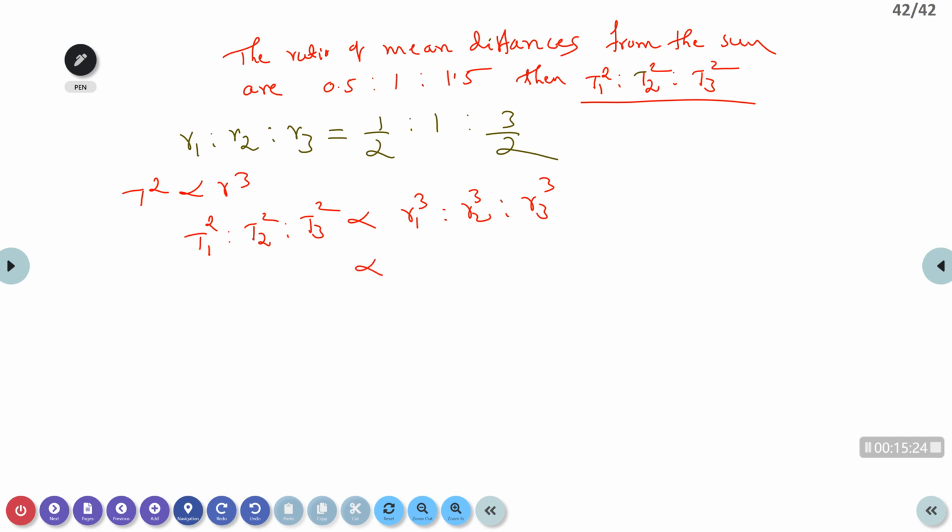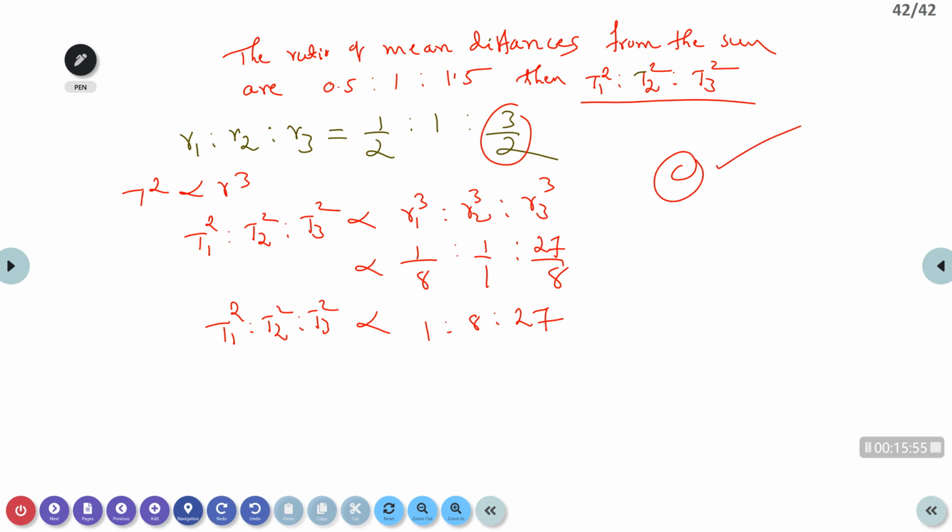R1 cube is 1 by 8, this is 1 by 1, and this cube means 27 divided by 8. Then simplify it. The LCM is 8, so 1 is to 8 is to 27. So in your choices, C is the right choice in your question paper.